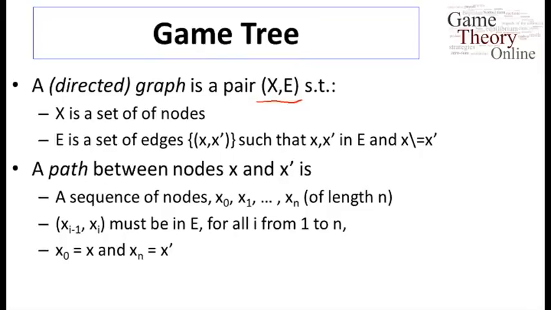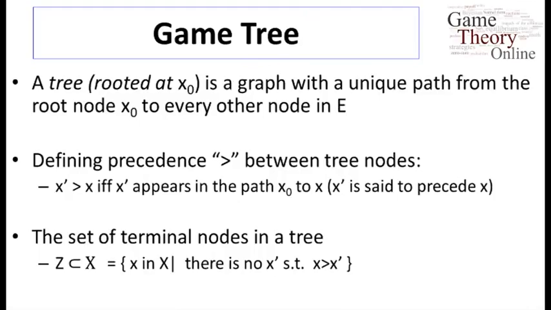That's a general graph. A tree then is a special case where there is some specialized node x0 called the root, and there is not only a path from that node to every other node, but there's a unique path. So there are no cycles in a tree. When we have such a tree, then that naturally defines this relationship of precedence, which is an ordering, but a partial ordering.